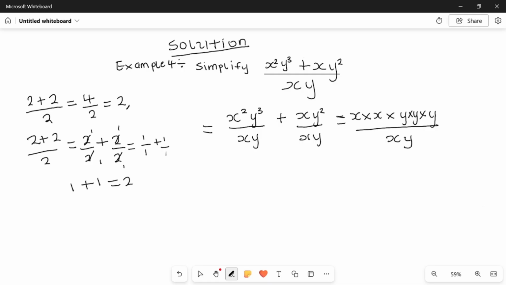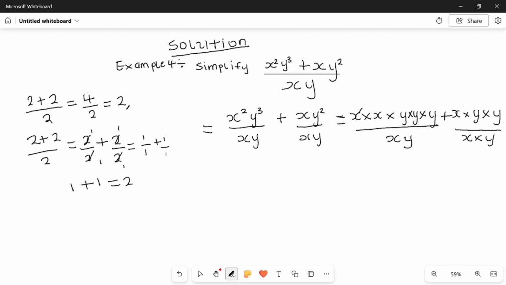Plus, don't forget the plus, x times y squared, that's y times y, all over x times y, because xy is the same thing as x times y.